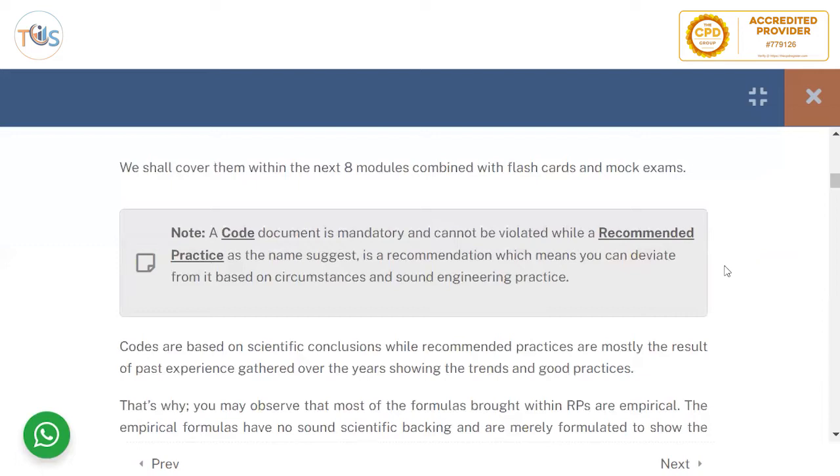Now, recommended practice is actually just a combination of experience and good engineering practices, good fabrication practices, and is a recommendation. So if you deviate from this, it's just advisory. It's not violating the code if you do that. So you're allowed to, if you have a sound engineering reason, you can always deviate from the recommended practice.